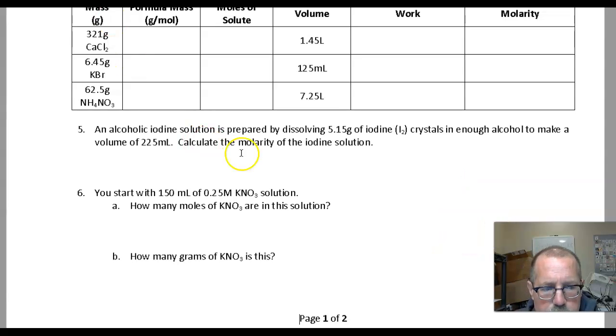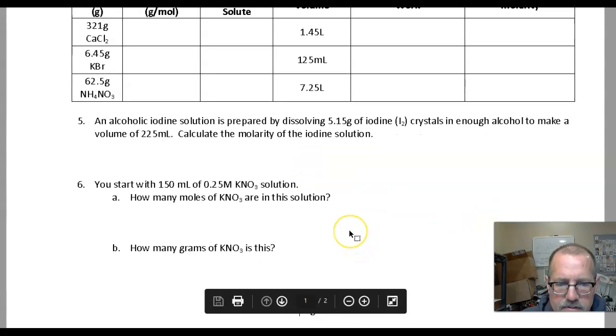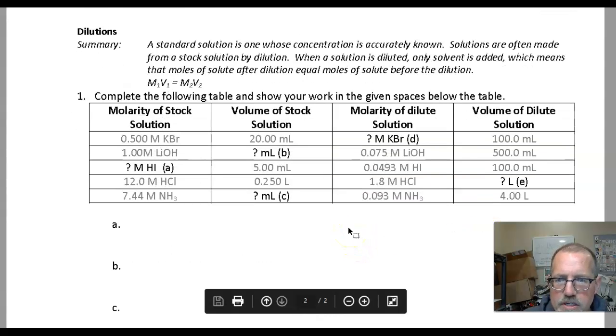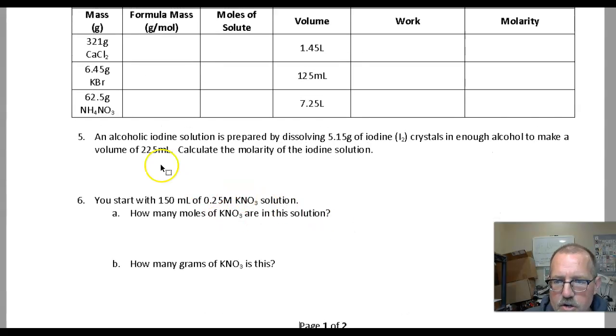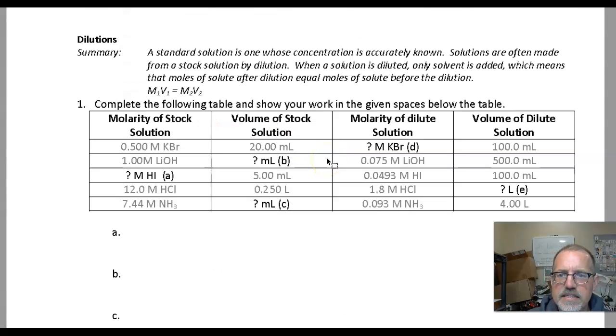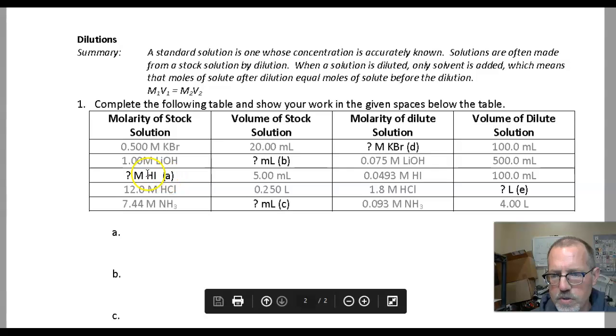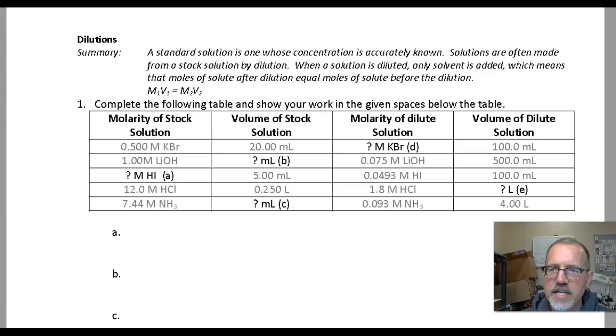So now you have various problems to work it out. These are just in words using the molar mass, and then it's on the back here where you're using the dilution. You'll see here that here's your A and here's your A, so it goes with that, and we're looking for the molarity of hydroiodic acid.